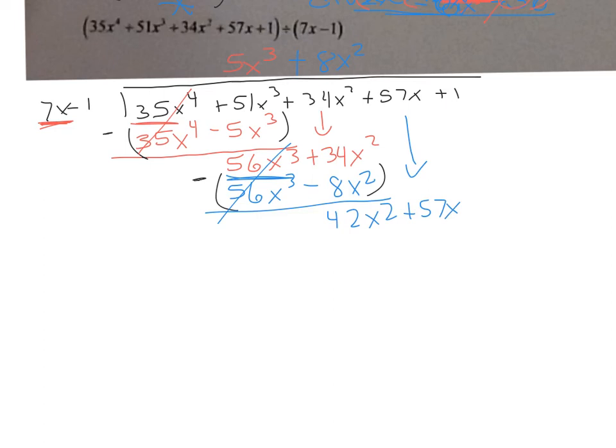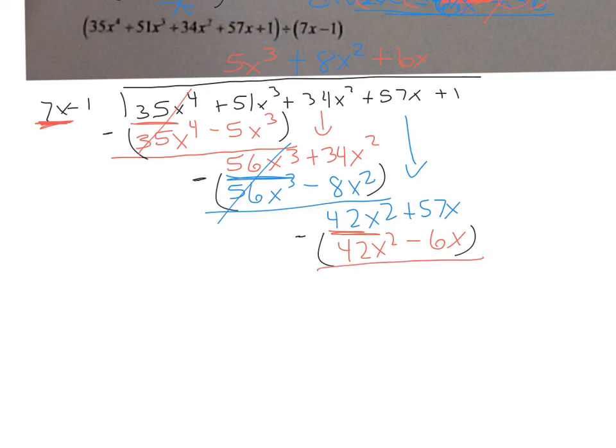All right, so now we have 7x times what gives me 42x to the second, and that would be positive 6x. All right, so multiply down. So we have 6x times negative 1 is negative 6x. And 6x times 7x is 42x squared. Put parentheses around that. Make sure we are subtracting.